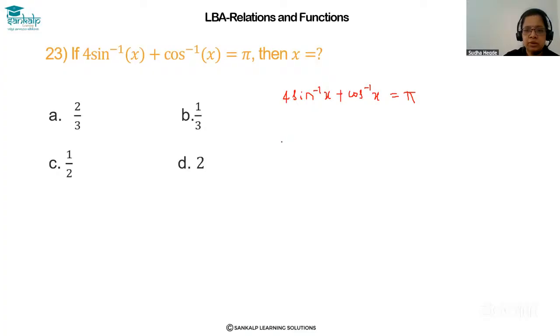Okay. Now if I take sin inverse x as A, sin inverse x is equal to A, this implies x is equal to sin A, correct?